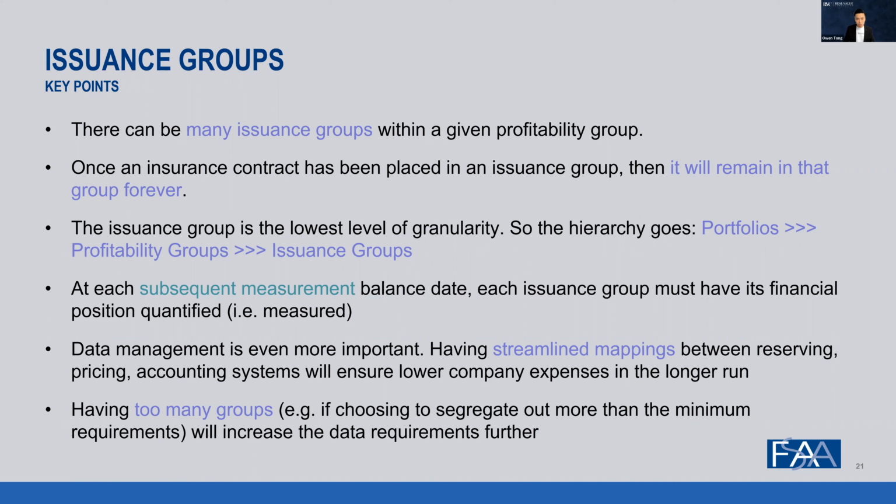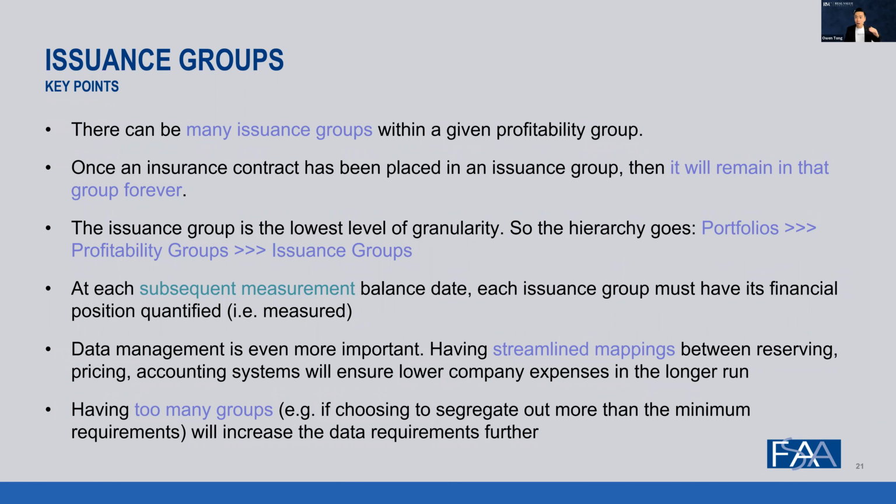Noting that you can't have those dates spanning more than 12 months apart within the same issuance group. Once an insurance contract has been placed into an issuance group within the profitability group, it remains in that group forever. New contracts in the same line of business can be in different groups, but that same contract can't be moved out of one group and into another.